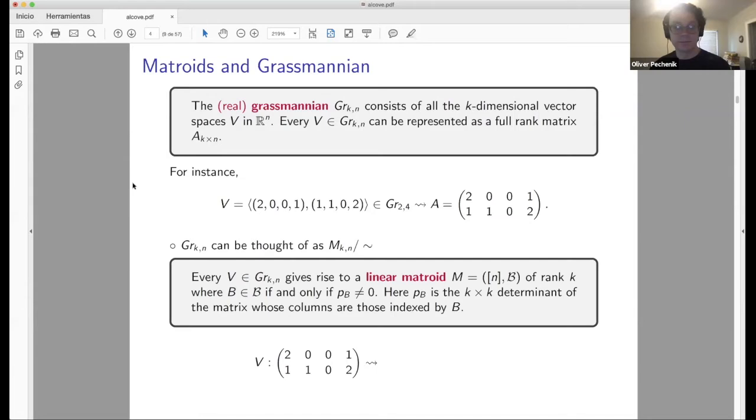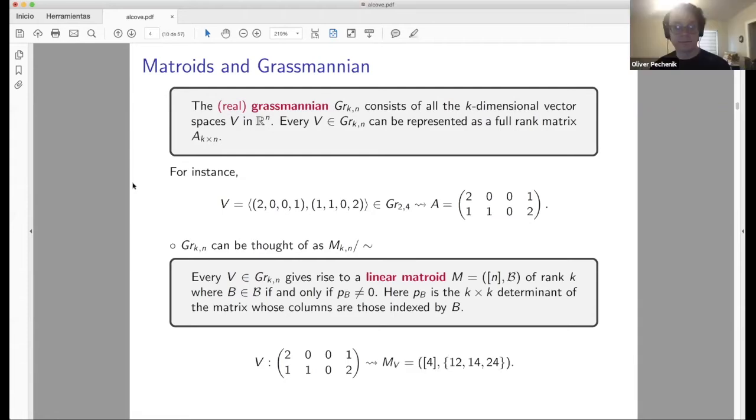Anyway, from the matrix we have above, the ground set is the set 1 up to 4 because I have 4 columns, and my collection B is going to be pairs of columns, because this is a rank 2 matrix, whose determinant, or the corresponding Plücker coordinate, is non-zero.